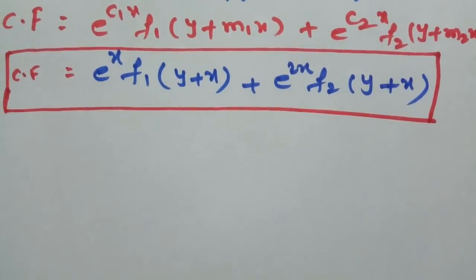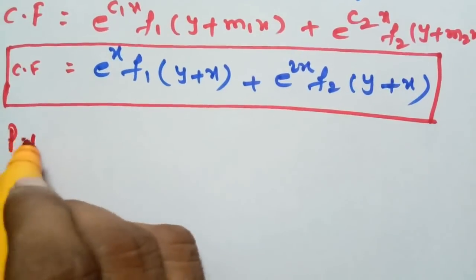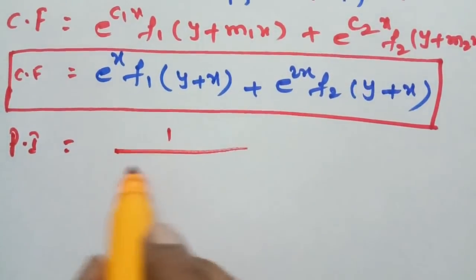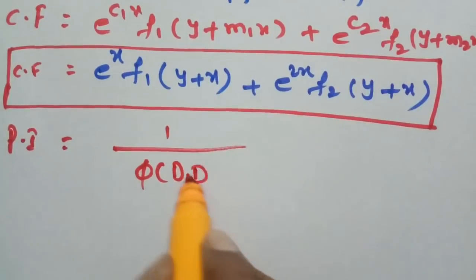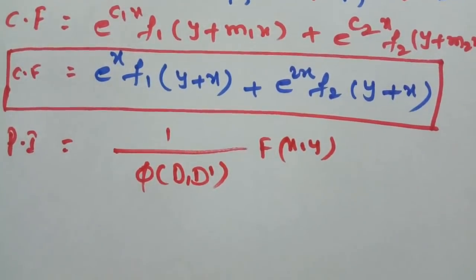Therefore the particular integral PI is equal to 1 by phi of D, D' into f of x, y.